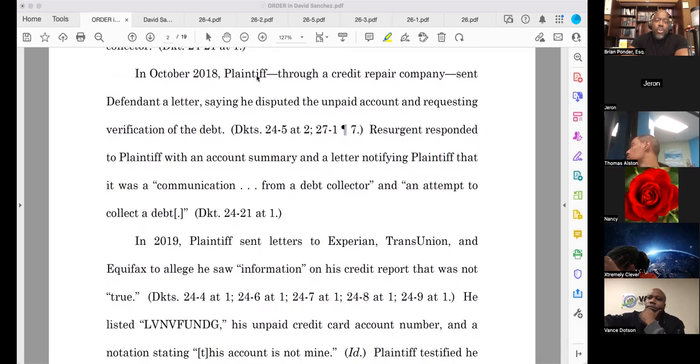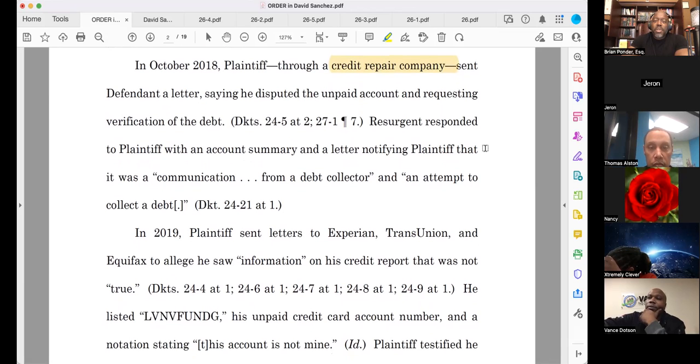Okay. October, plaintiff through a credit repair company sent defendant. See, that's interesting. That's why I don't like that letter, because they call the law firm a credit repair company. Resurgent responded to plaintiff.